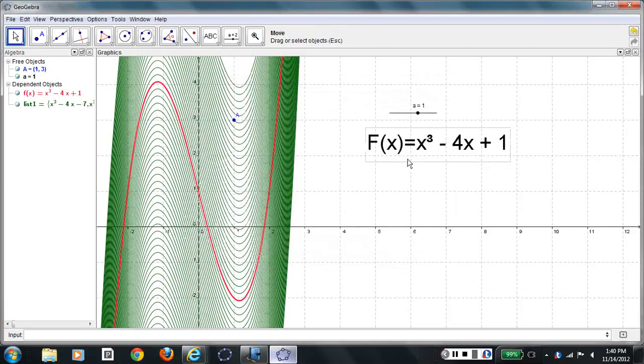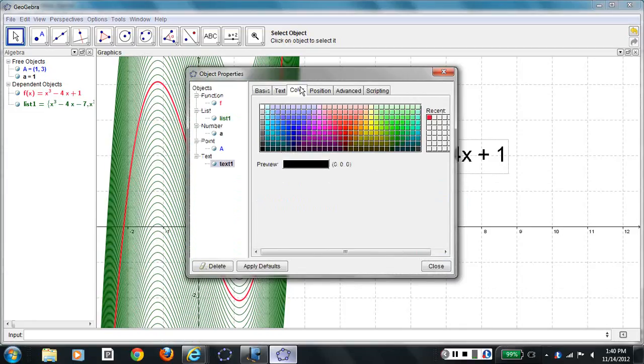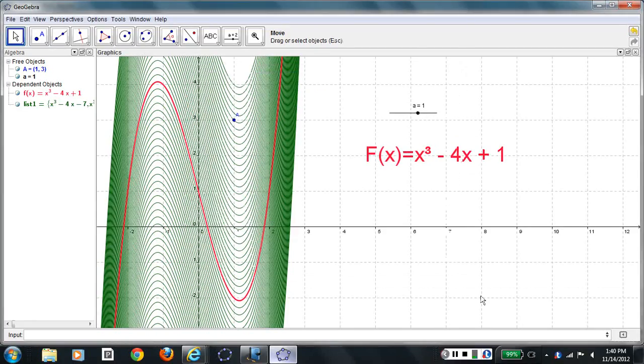All right. So for the 1, and I maybe should make it the same color as the other one. So the red one is f of x equals x cubed minus 4x plus 1. And if I move this, adding or subtracting a number to the right-hand side is going to be a vertical shift, up or down, depending on what we add or subtract.